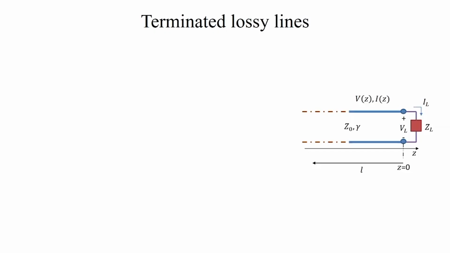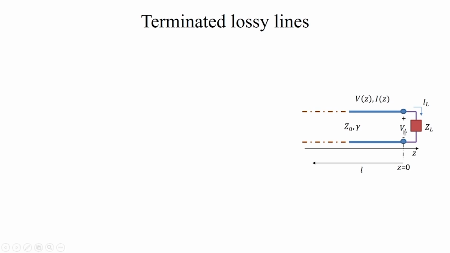So, let us now consider another case, when a transmission line having a propagation constant gamma and characteristic impedance Z0 is terminated to a load impedance ZL.